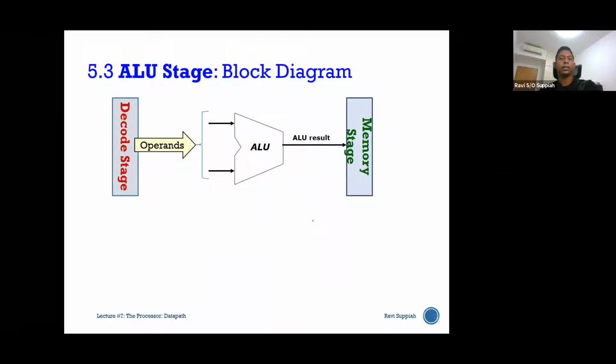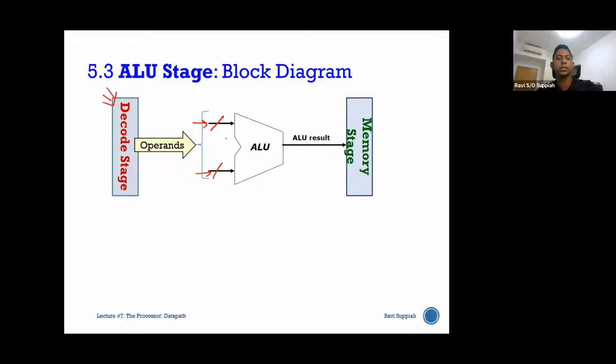The ALU, like I said, sees two sets of data, each set is 32 bits, and it performs a particular ALU operation and gives us the result. Where these two data come from is the responsibility of the decode stage, which is what we just saw.